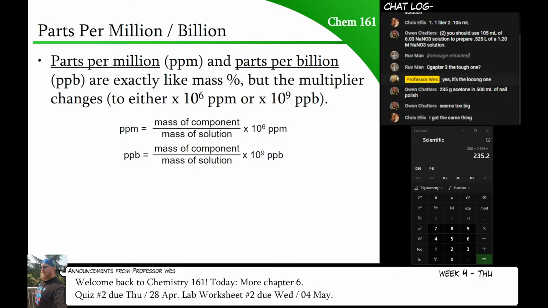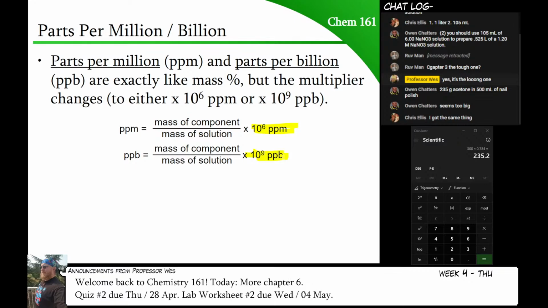These last two formulas are based off of the mass percentage formula, but instead of multiplying by 100%, we multiply by these extra terms at the end. Parts per million and parts per billion, and the appropriate number. Parts per million and parts per billion are useful for situations where you have very, very, very little solute.